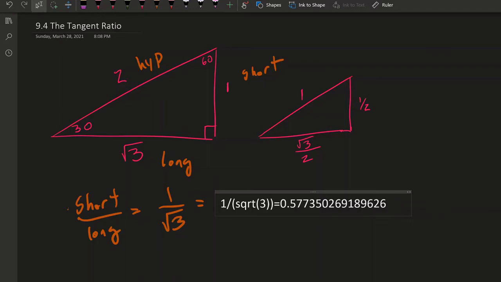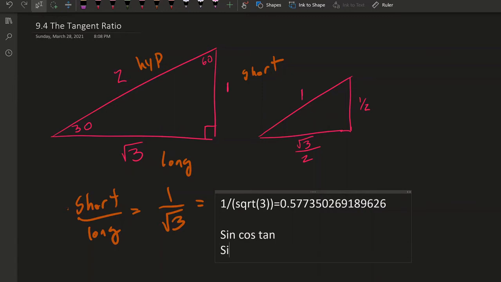Now, what if I'm not doing a 30, 60, 90 triangle? What if I am doing a 31, 59, 90 triangle? How would I figure that out? If you look at your calculator, you should see some buttons that look like this: sine, cosine, and tangent.